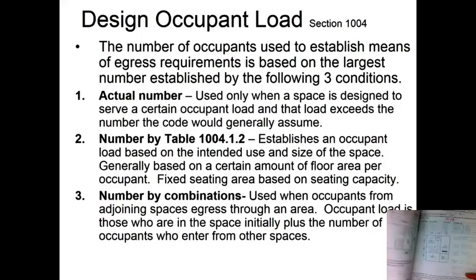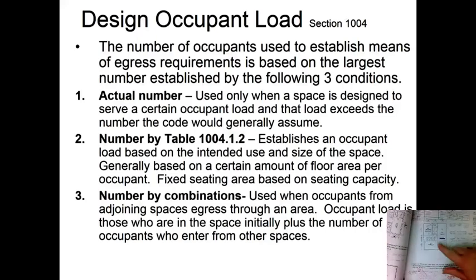Okay, if you remember when we went back through, we looked at this particular scenario where people from the administrative offices were going into the central hall, where 50% of the people were going into the central hall. So that's numbers by combination. So your occupant load could vary depending on how many people are having to go through that particular space.